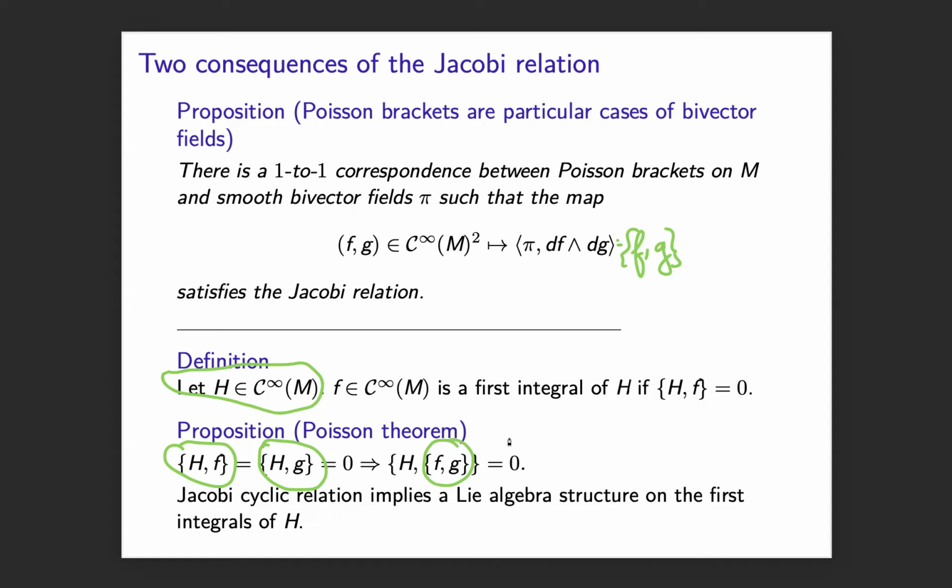It's a plain consequence of the Jacobi identity. It's also a very important result because it gives a nice structure on what we will see later, that is the space of symmetries of a Hamiltonian function.